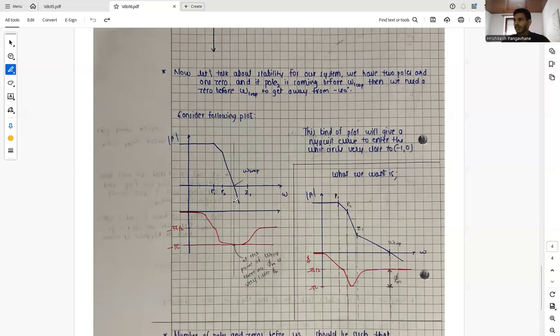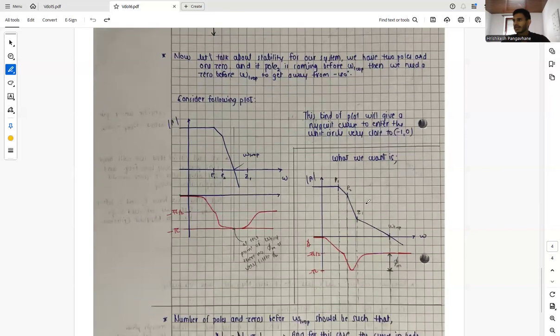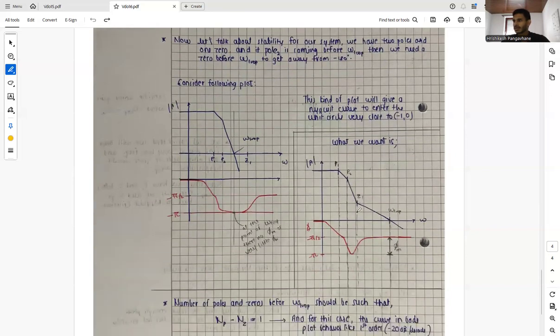And what we actually want is basically this thing. If the zero occurs after omega loop, then we are compromising stability. So what we actually want is our zero to occur before omega loop if there is an extra pole. In this case, the zero lifts the phase to minus pi by 2 again, and then we get a good amount of phase margin.